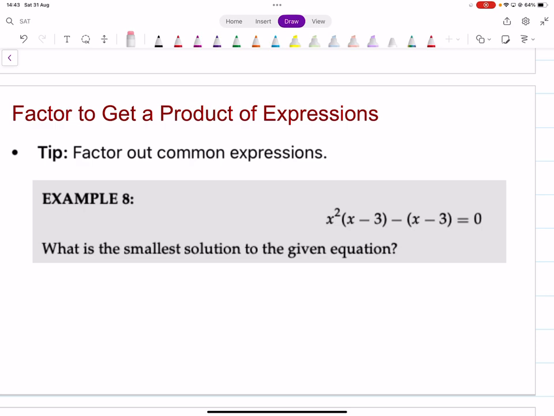Anyone who's done? What's the question? What's the smallest solution to the given equation? Yes? How do we solve this equation?